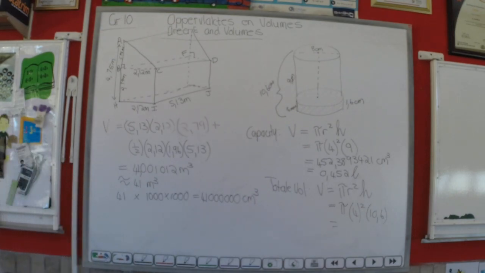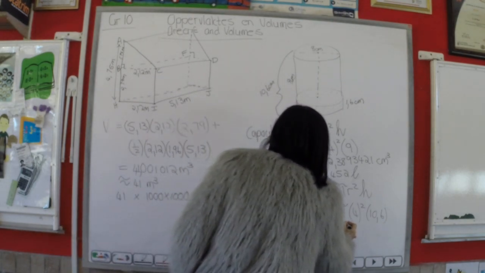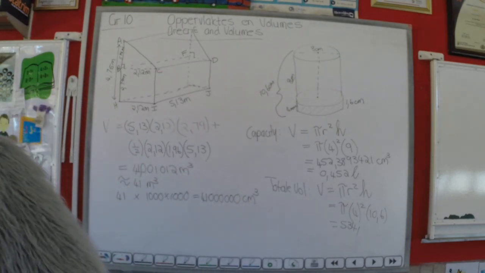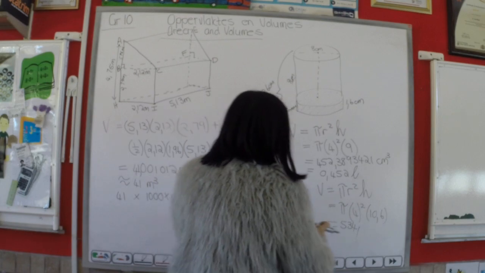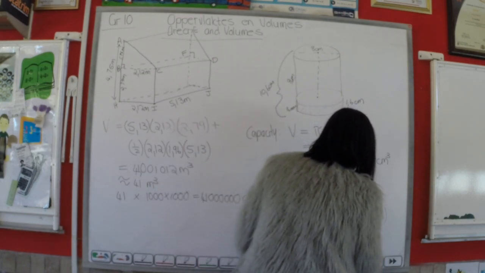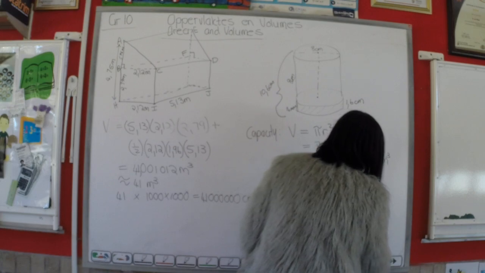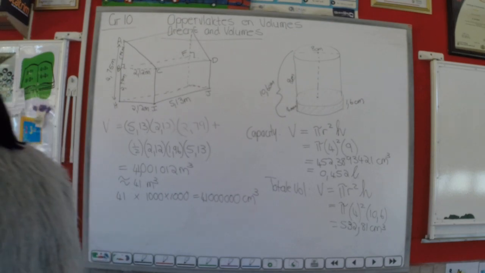That's the whole volume of the glass, and that we can measure in cubic centimeters. That's going to be 532,81 centimeters to the power of 3.